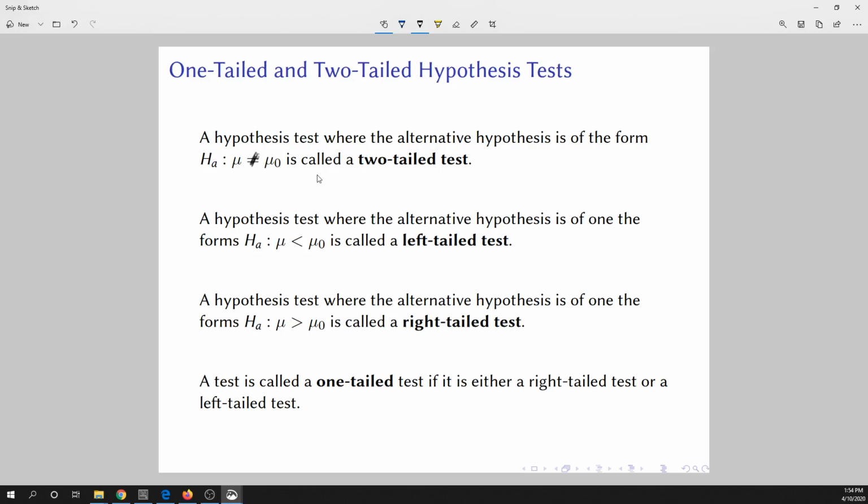It's called two-tailed because if you're not equal to a number, then there's two possibilities: you could be bigger than the number or less than the number.